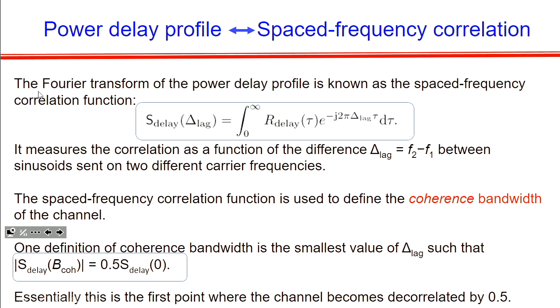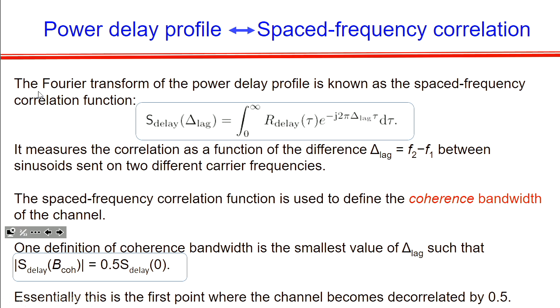We also talked about another frequency domain parameter called spaced frequency correlation. What spaced frequency correlation tells us is the level of coherence or correlation experienced by the transmission at two frequencies. If they are highly correlated, then that's part of the coherence bandwidth.